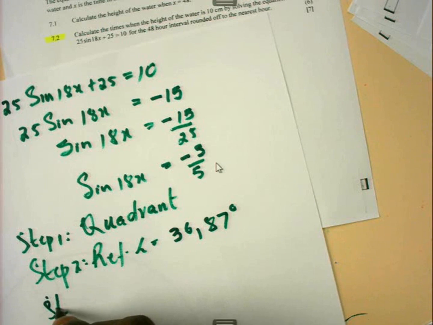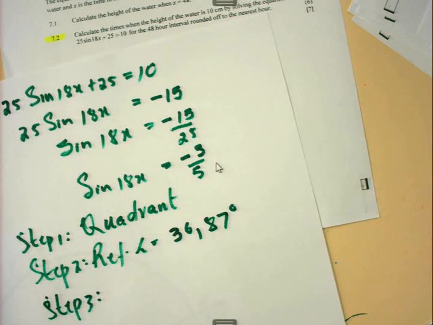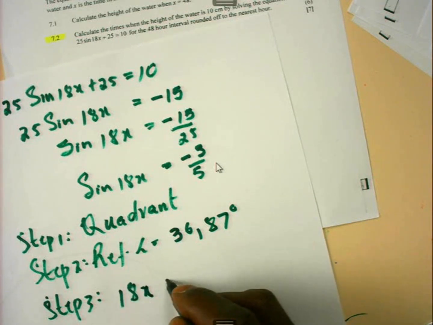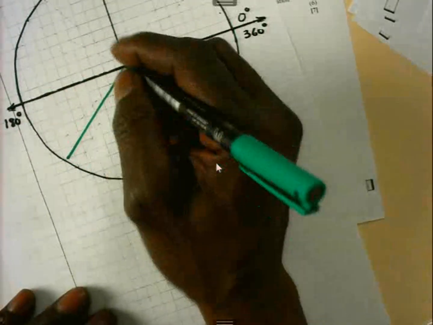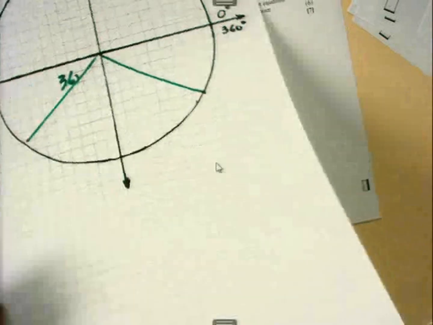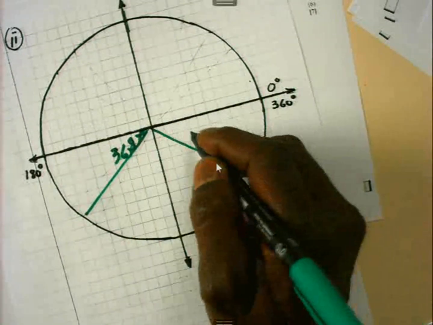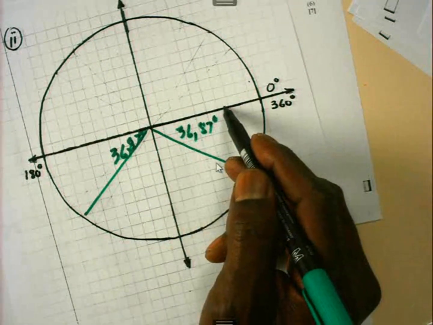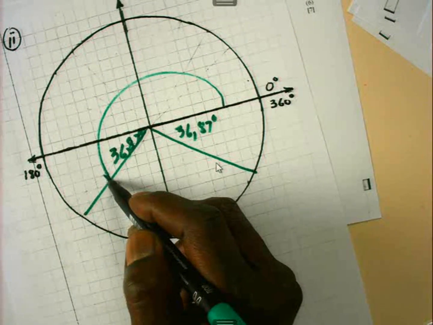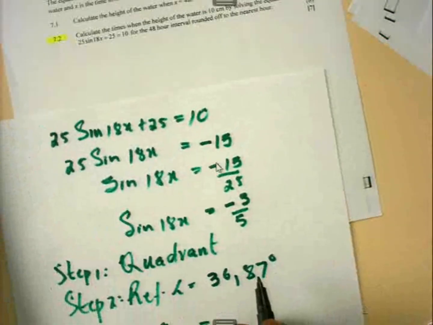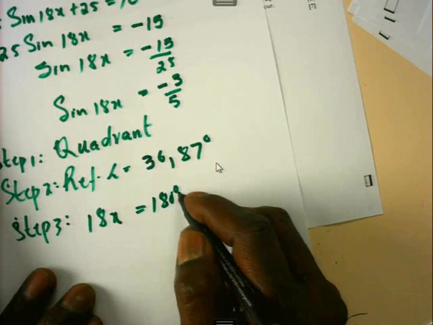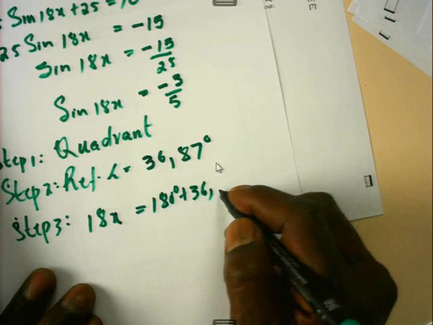Now step 3, we must find the solution for x. Then we'll have 18x equals, we go back, the reference angle here is 36,87 degrees. Solution, we start from here up to there, and the angle will be 180 degrees plus 36,87 degrees.